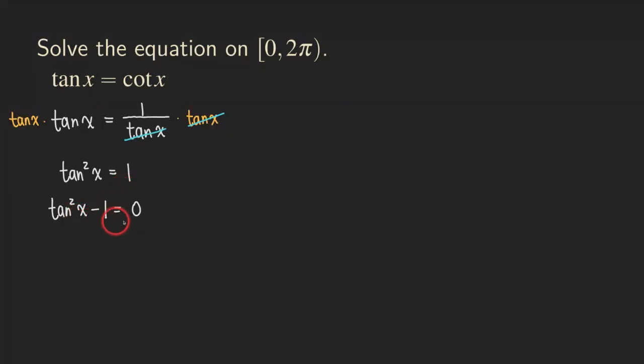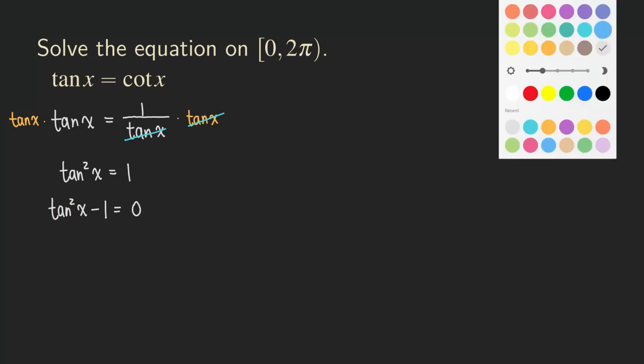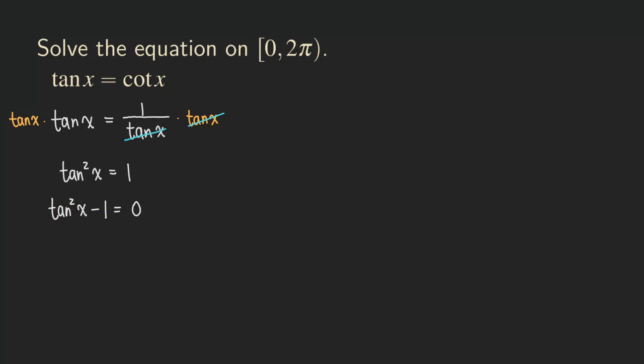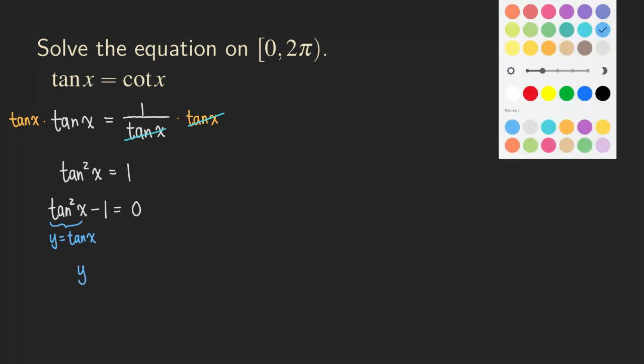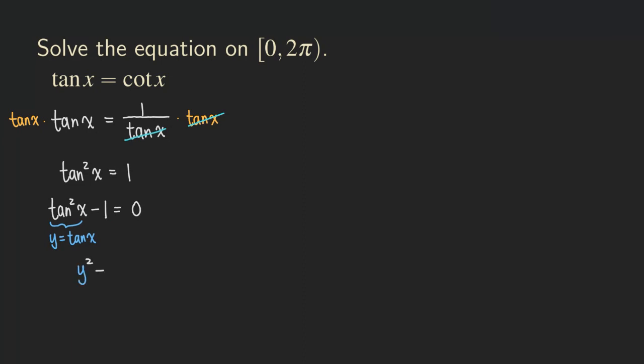Now from this equation, as you can see, this is just a quadratic equation. We can pretend that tangent x is equal to y, so we let y be tangent x. And guess what happens? The equation turns into y square minus 1 is equal to 0. Do you see what's going on here?